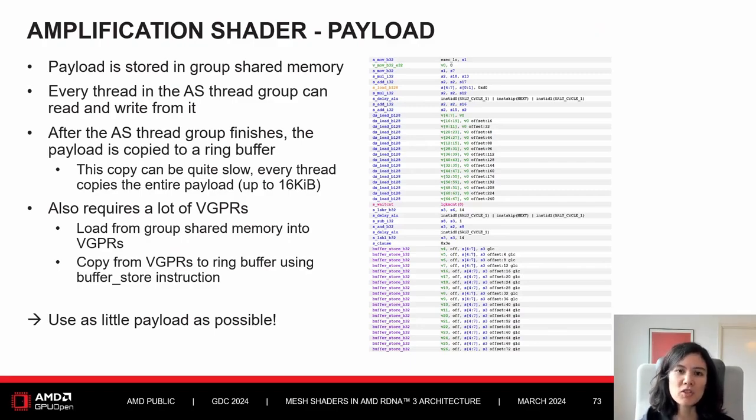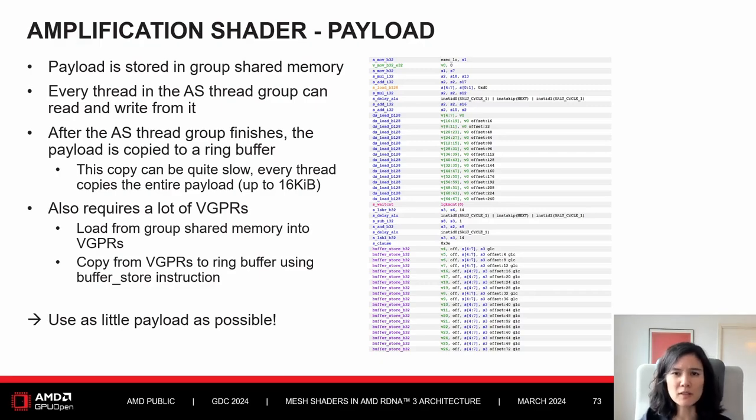Lastly, amplification shaders can also have a payload. This is to pass on data to the mesh shader thread groups that it's launching. Payload is stored in group shared memory because every thread in the amplification shader thread group can read and write from it. Once the amplification shader thread group is finished, the payload is copied to a ring buffer. This copy can be quite slow because every thread is doing the copy, and the payload can take up to 16 kilobytes.